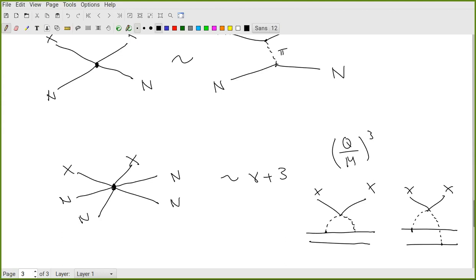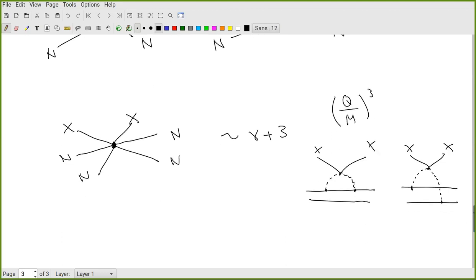In this case it depends again on the type of interaction, and sometimes the suppression is by additional 3 powers. It's never of the same order, but sometimes the suppression is only q over m.